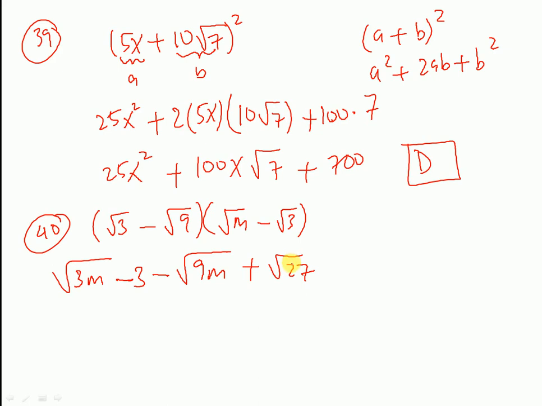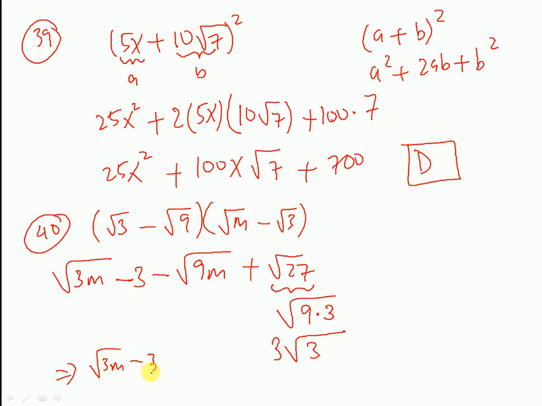And this thing you can simplify into 9 and 3. The square root of 9 is 3, and then 3 here, square root of 9 again is 3, so I can simplify this. So 3m stays the same, right?